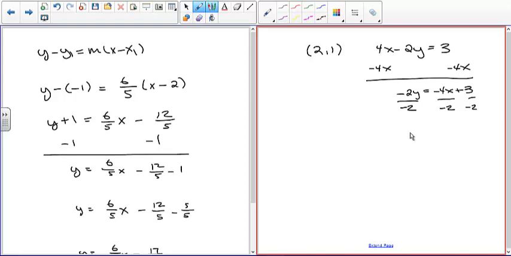So that solves for y. Here we have negative 4 divided by negative 2, which is positive 2. And we get 3 divided by negative 2, negative 3/2. So this is the important thing. That's the slope.